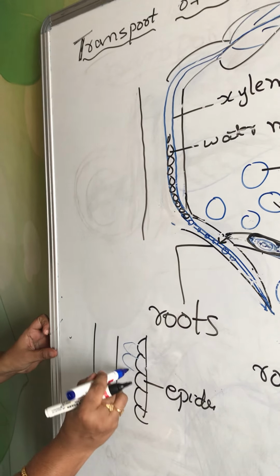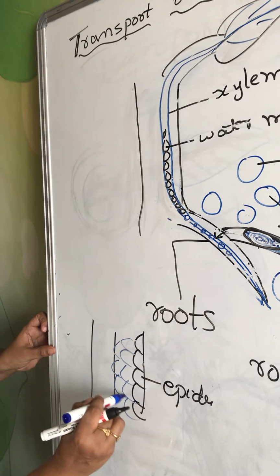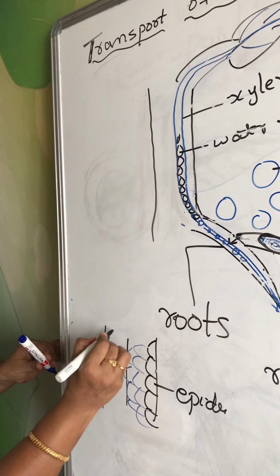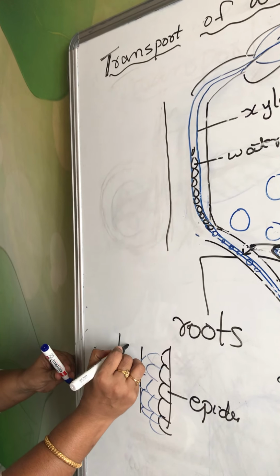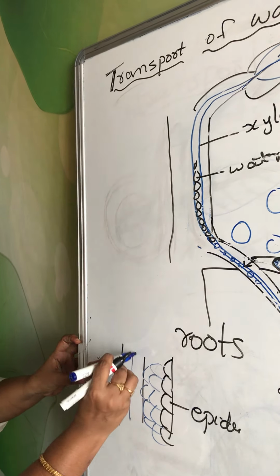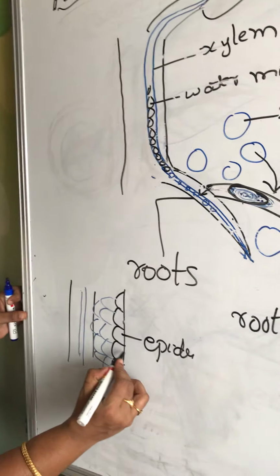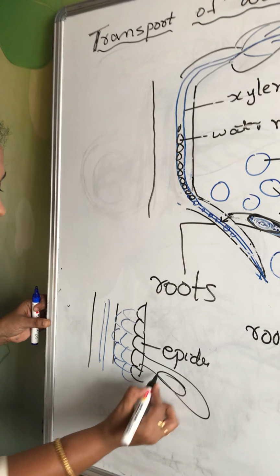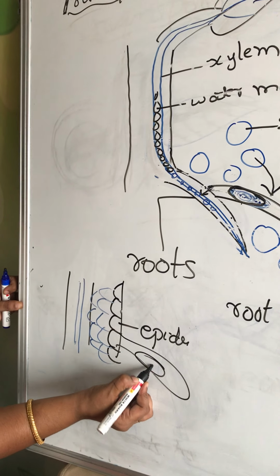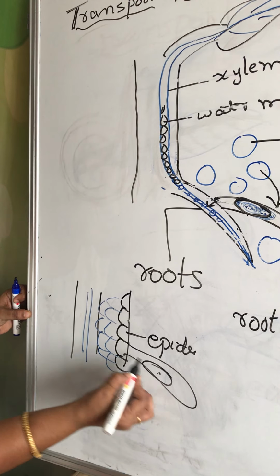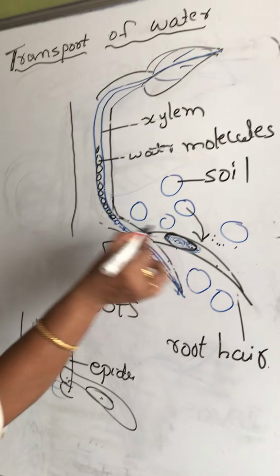I told you in the previous session, after that you will find the center, the xylem vessels, xylem and phloem. Here we are talking only about xylem. Now this is the root hair with vacuole. So the water molecule will move from the root hair to the root.